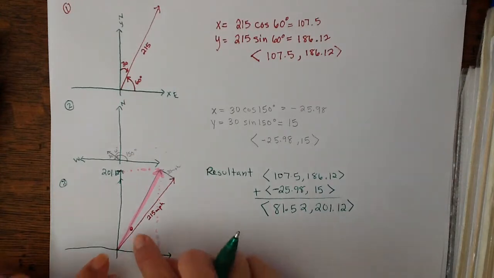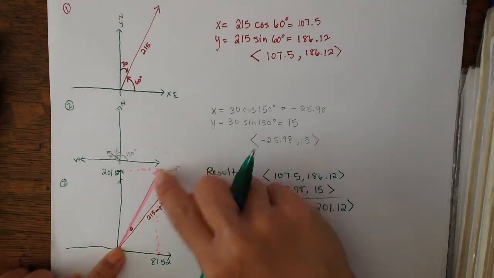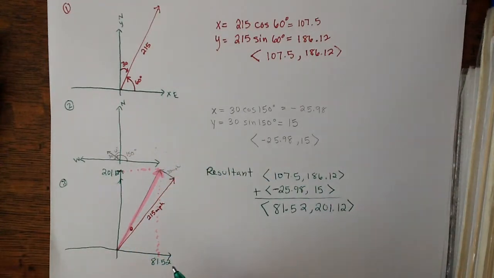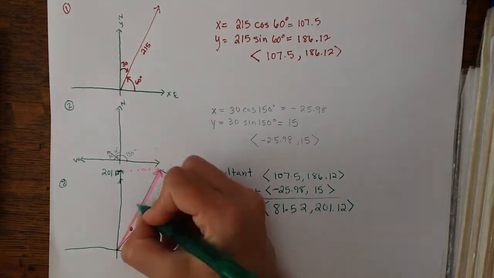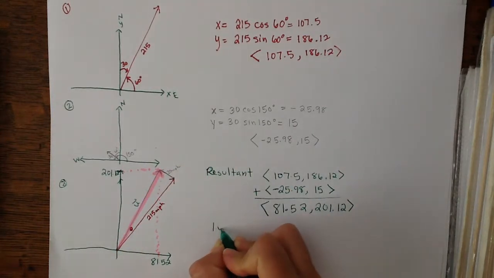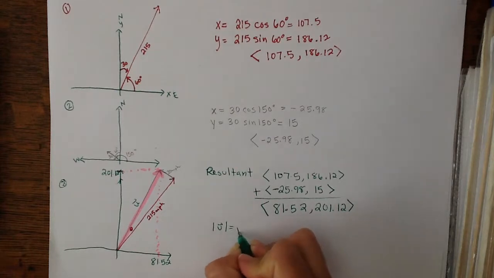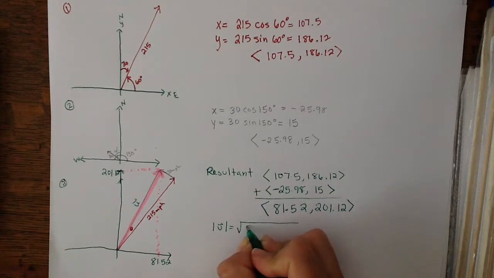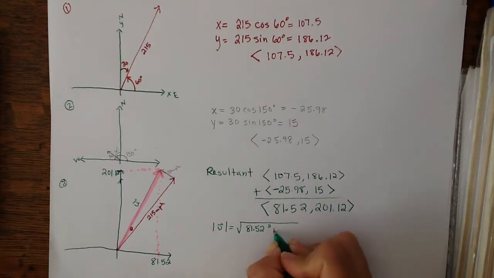But what we want to find is the actual size of that pink resultant vector. We do that by calculating the magnitude using the Pythagorean theorem. If I call this vector u, the magnitude of that vector is equal to the square root of the horizontal component squared plus the vertical component squared.